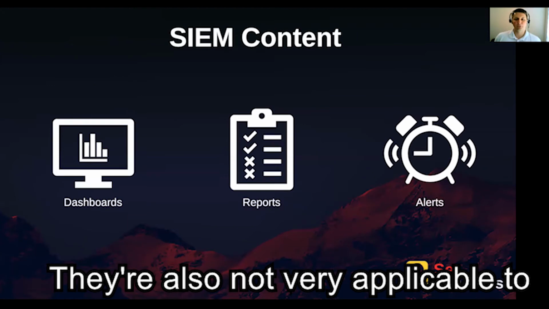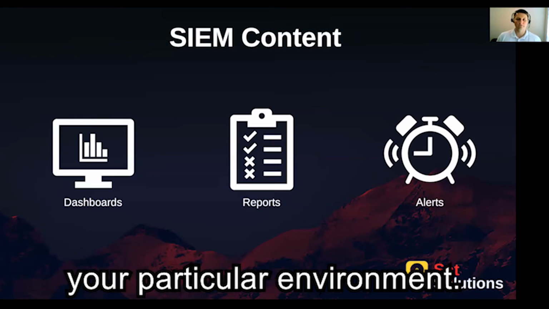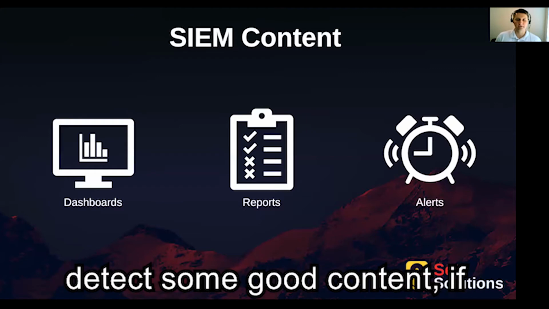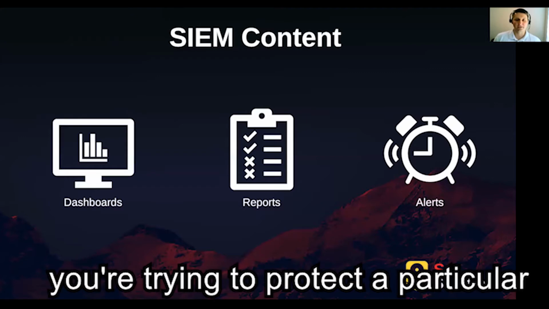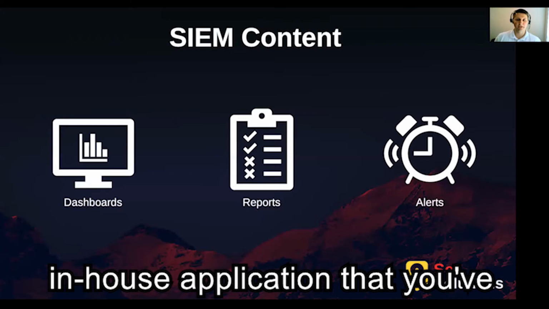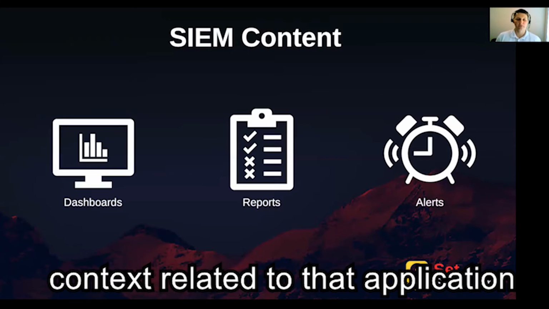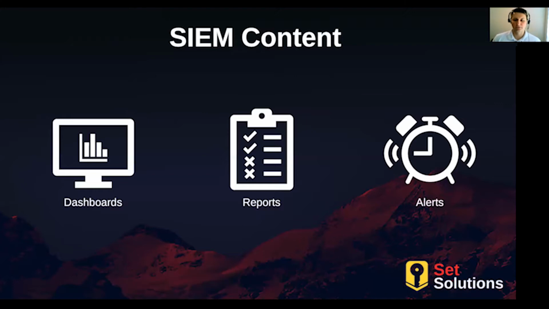They're also not very applicable to your particular environment. While generally they may detect some good content, if you're trying to protect a particular in-house application that you've built, they don't have the security context related to that application on how to protect it.